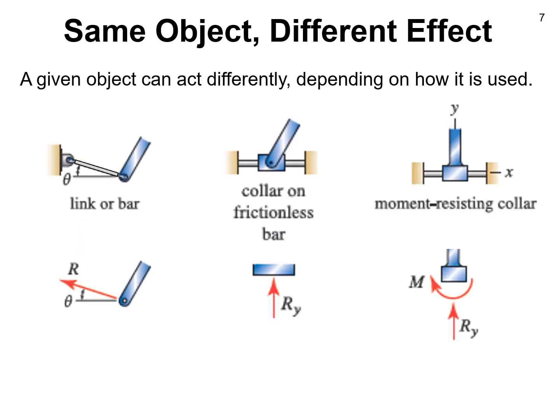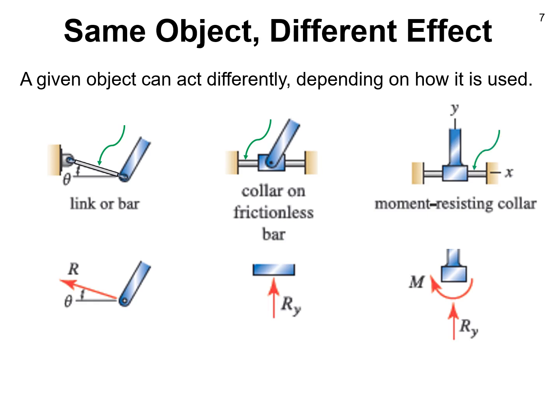Let me also point out that what might look to be the same physical object can act differently in different situations. So again, let's pay attention to, for example, this link or bar in the first case, and that bar appears in the second category.